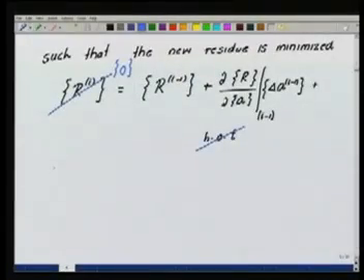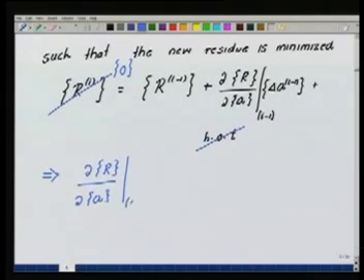So this implies that del R del A evaluated at the step i minus 1 into delta A at the step i minus 1 is equal to minus R at the step i minus 1.